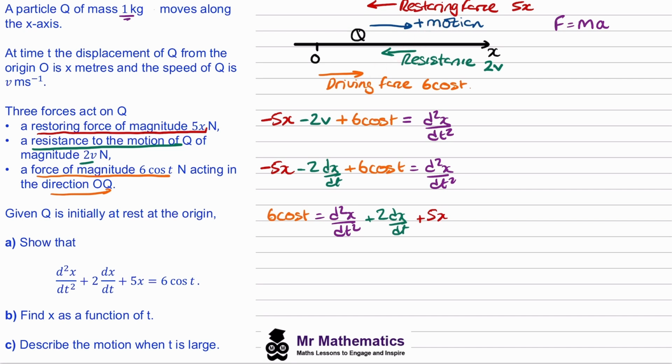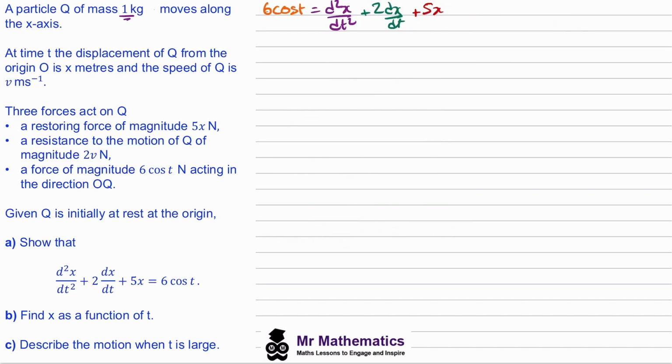And now for part B, we need to find a particular solution for this differential equation. And now we can set up our auxiliary equation. We'll take the coefficients from our left-hand side. So we'll get m squared plus 2m plus 5 equals 0.